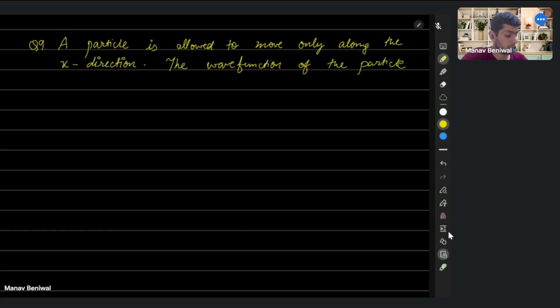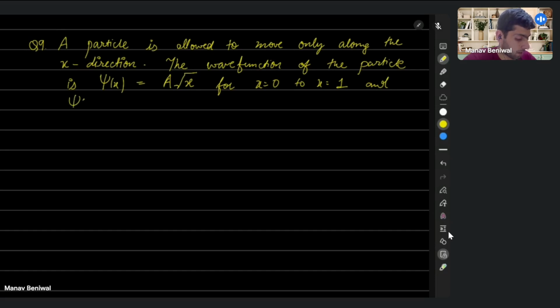So again, this is a one-dimensional problem. And the wave function is given to be like this for x equals 0 to x equals 1, and psi of x is 0 elsewhere. Okay? It is 0 elsewhere.